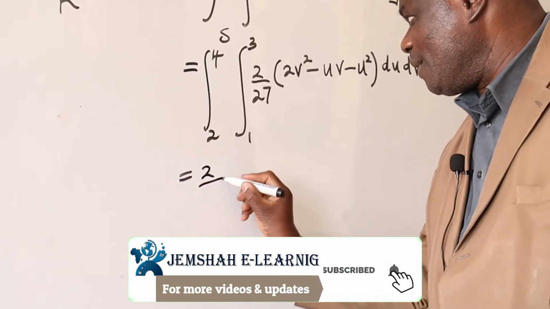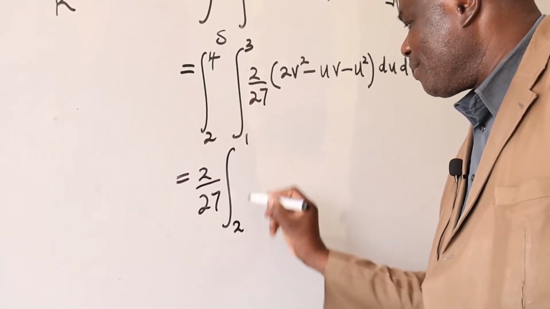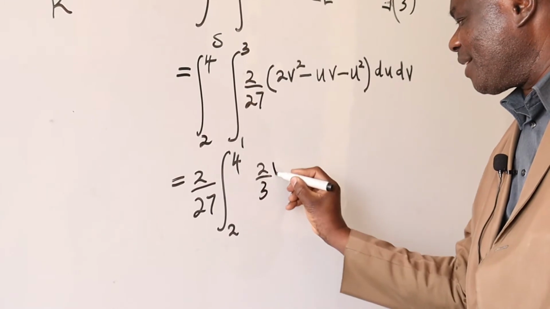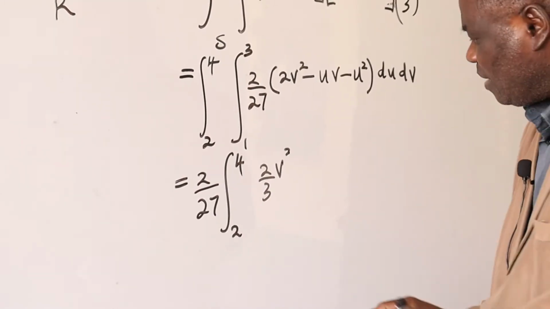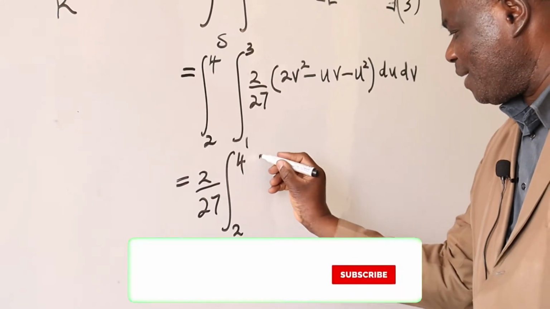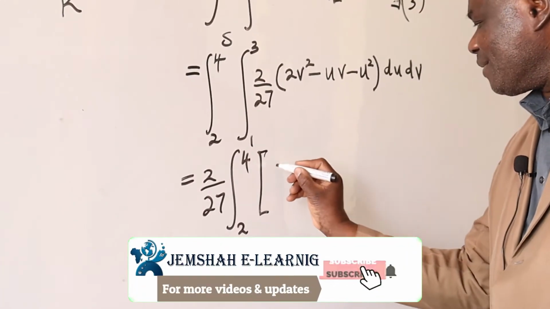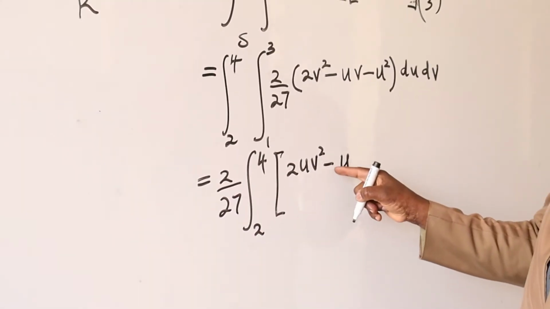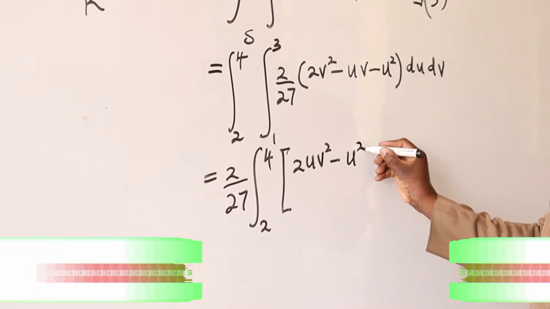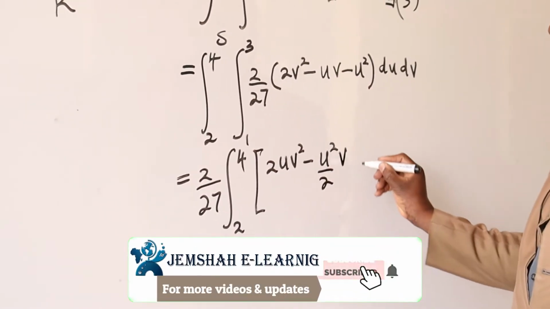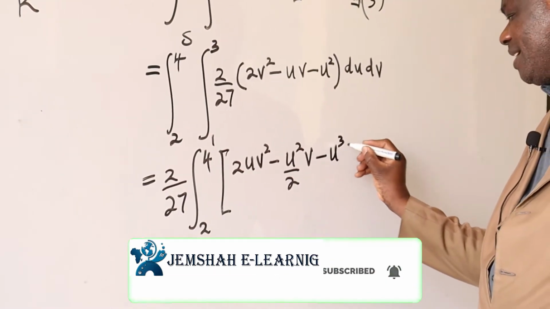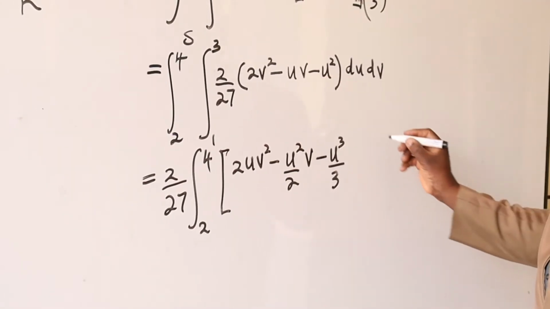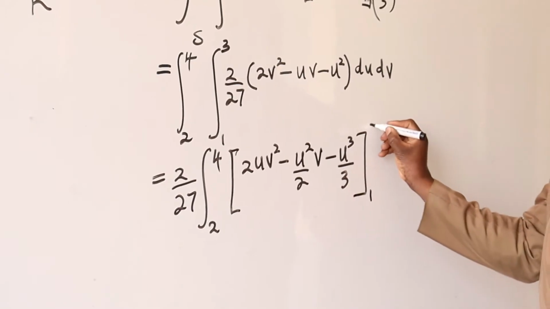So this will be equal to 2 all over 27, the integral from 2 to 4. 2v squared becomes 2uv squared. Integrating uv with respect to u gives u squared all over 2v, minus u cubed all over 3 when you integrate u squared, with limits from 1 to 3.